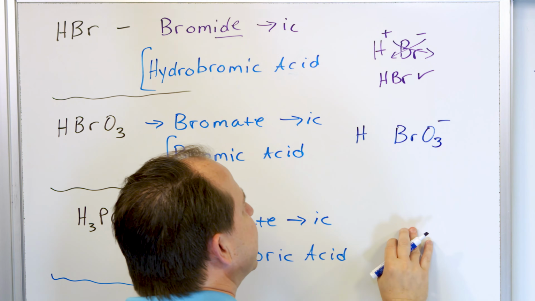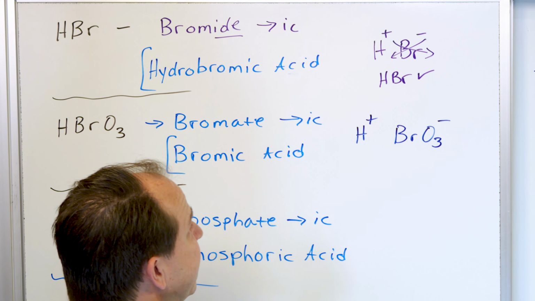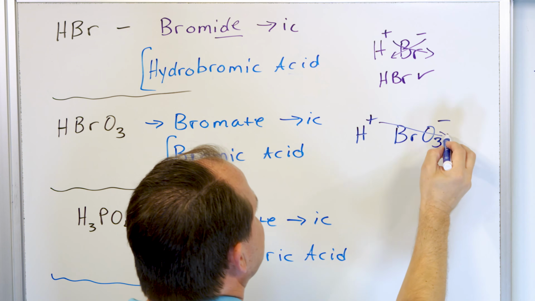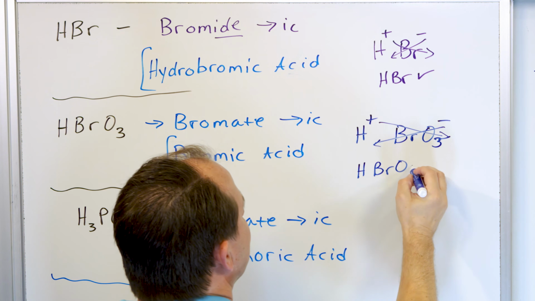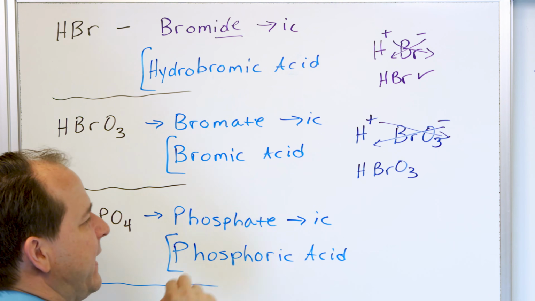But once you know that it has a -1 charge, and hydrogen is always going to want to take a positive charge, losing an electron, then when you do the crisscross, you're going to have HBrO3, which is exactly what we have here. Same thing over here. You have the phosphoric, ic turns into ATE, so it's a phosphate ion.